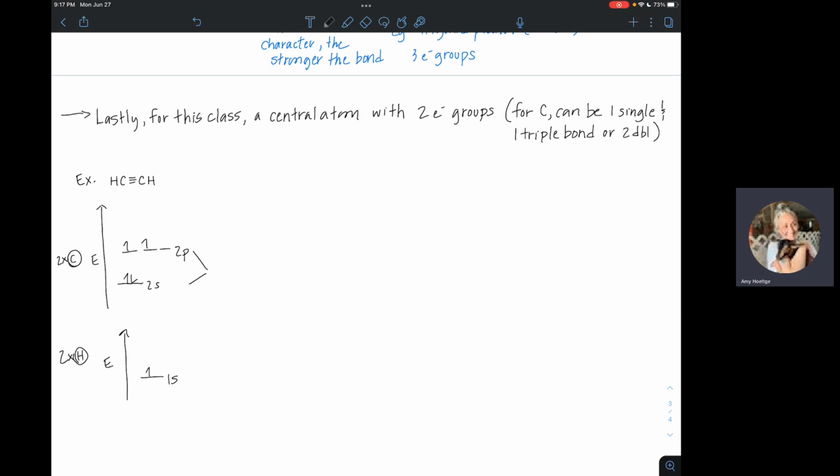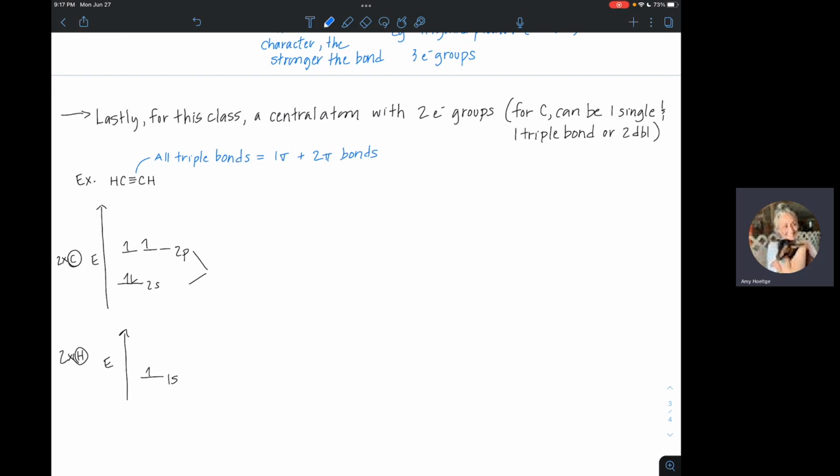What do we see here? We see a triple bond. All triple bonds, these are not 3 single bonds. They are not 3 sigma bonds. All triple bonds are 1 sigma plus 2 pi bonds. We know that in order to make a pi bond, we need unhybridized p orbitals.